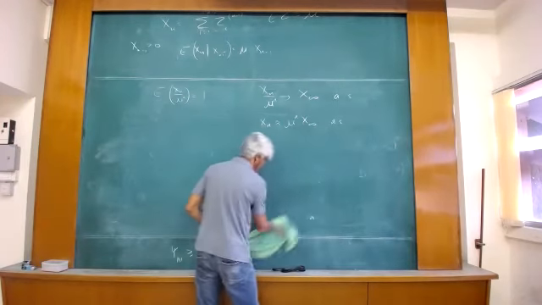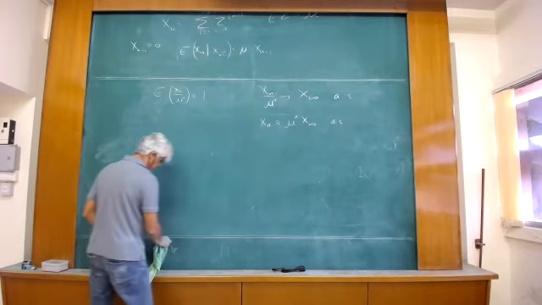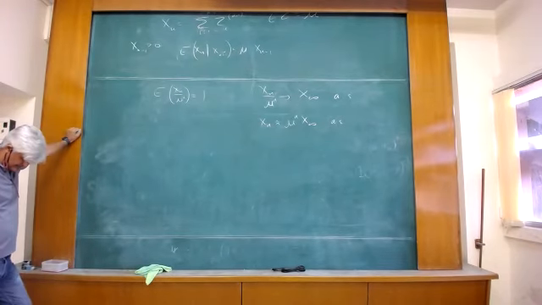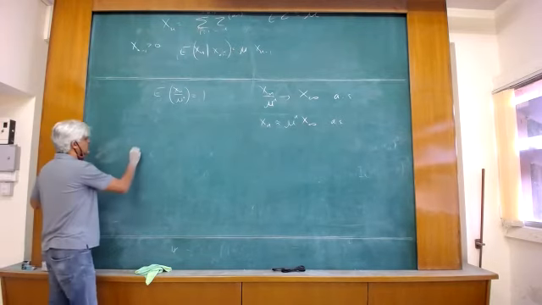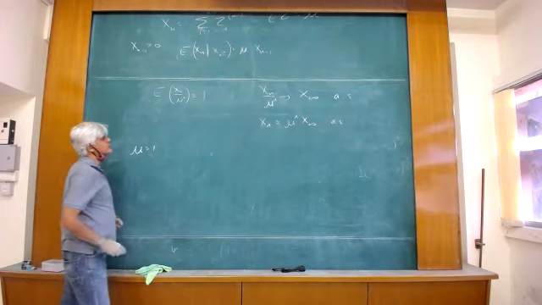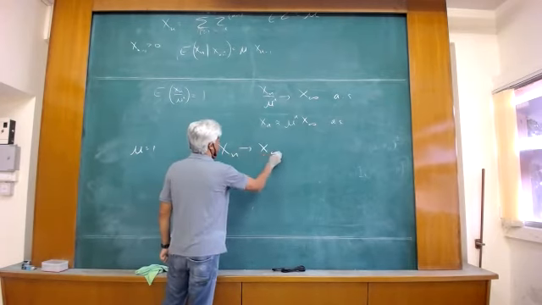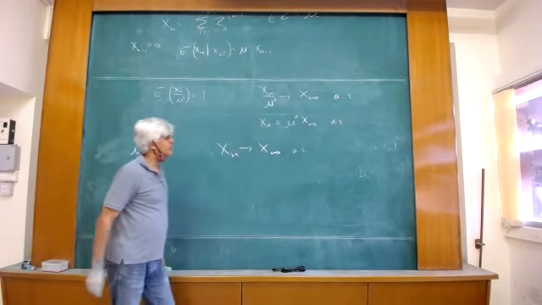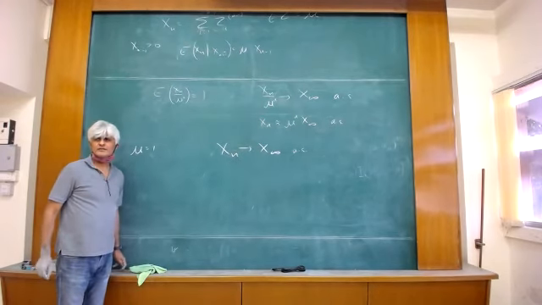So what do I want to say here? Suppose mu is equal to 1. Then I have Xn converging to X infinity, and I want to say that X infinity is 0.